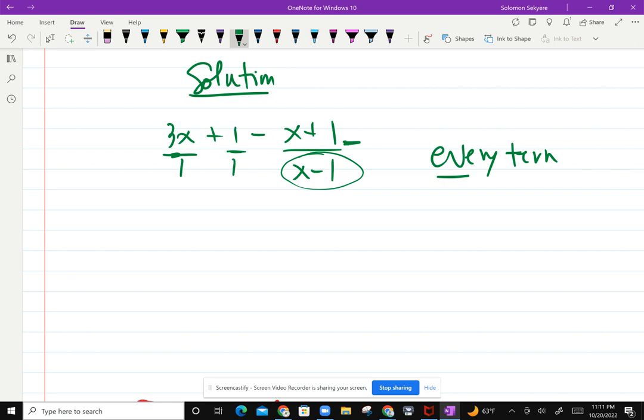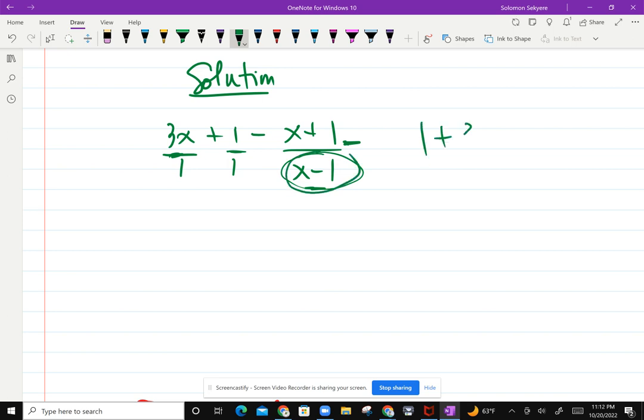So what we're going to do is make it all over x minus 1. So forget about that. We are not multiplying by every term. What we're doing is we want to make every one of these have the same denominator.